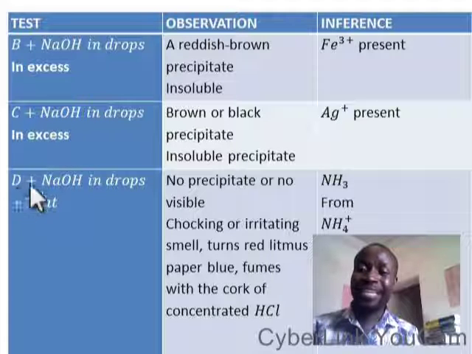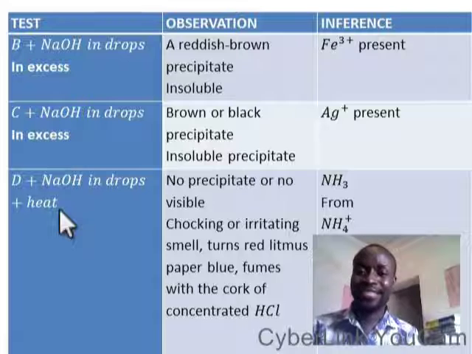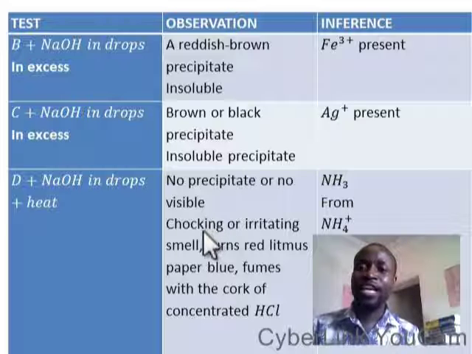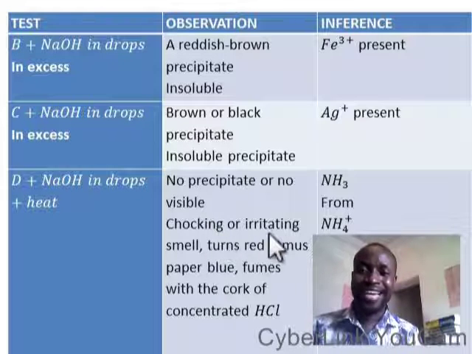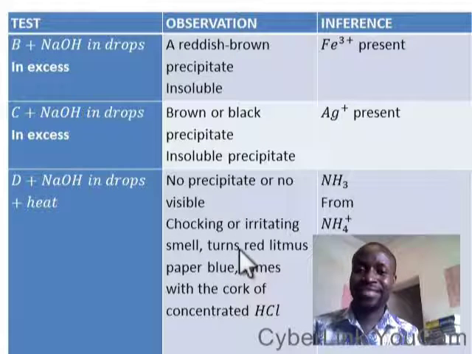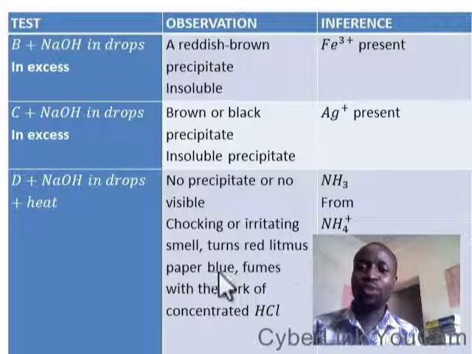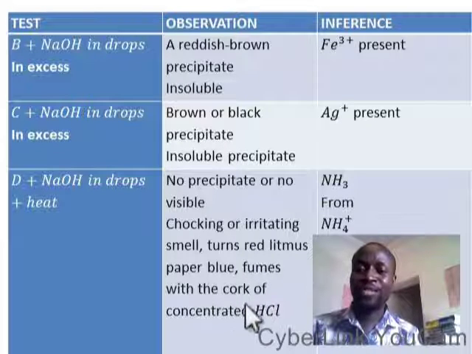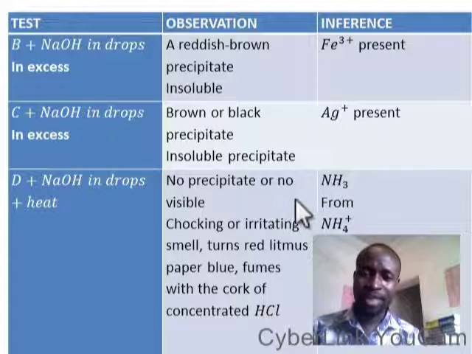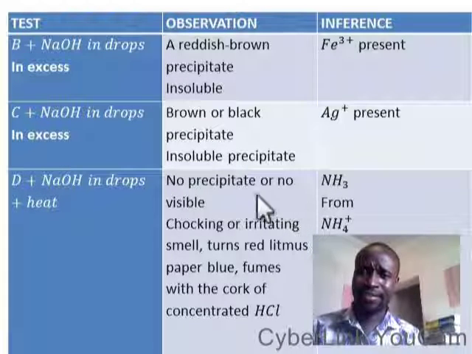If you take a sample D plus sodium hydroxide and you heat it, and there is no precipitate or visible reaction, but the smell is choking or irritating, it turns red litmus blue, and when you bring a cup of concentrated HCl it forms a dense white film, you are talking about ammonia straight away. Now look at the characteristics.